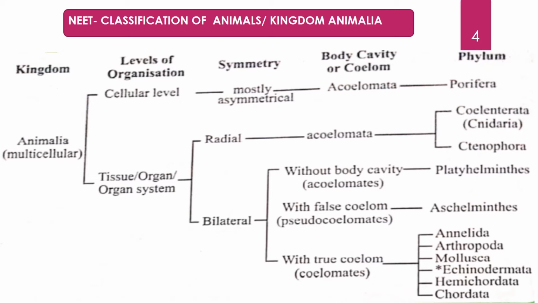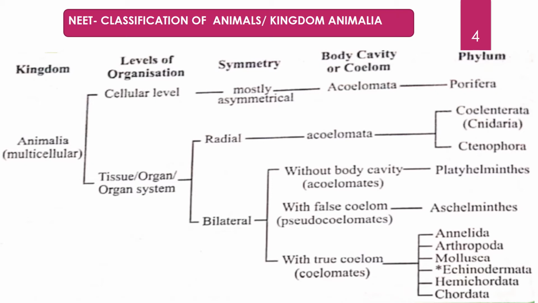The second major group is the one in which the cells aggregate to form tissues, or a higher level, where tissues come together to form organs, or a little more complex, seen in the majority of animals, where organs come together to form organ systems.